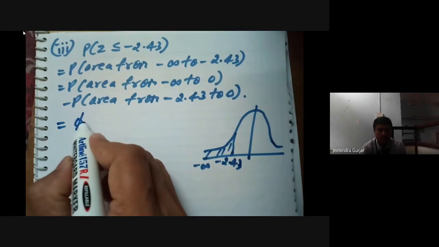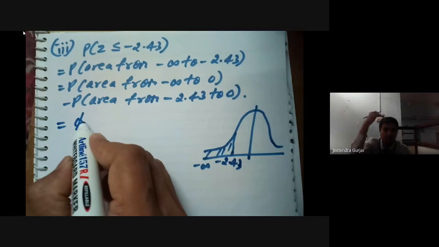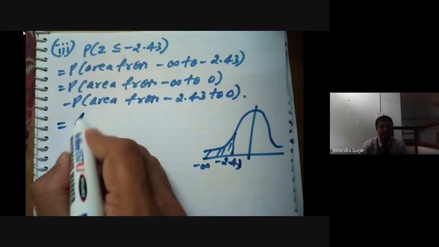What I have done is taken minus infinity to 0, and I think you know the value for minus infinity to 0. What is the area from minus infinity to 0? Yes, Raj, can you tell me the answer? 0.5. Yes, you have to remember. Very good, excellent.